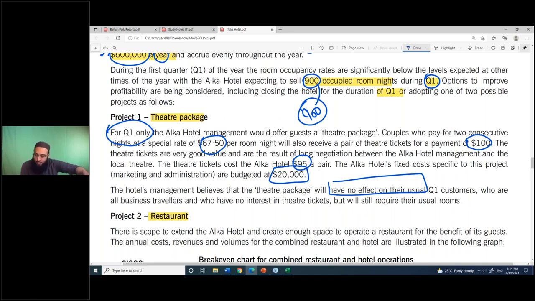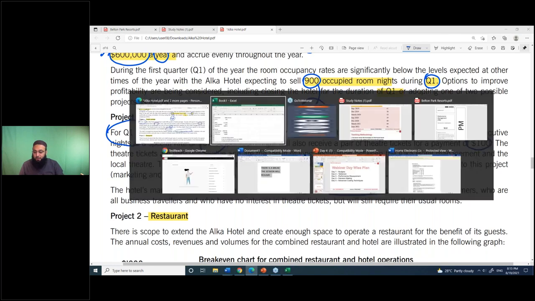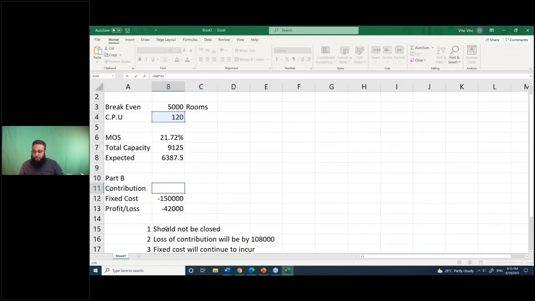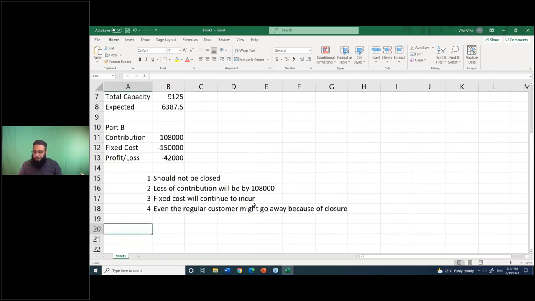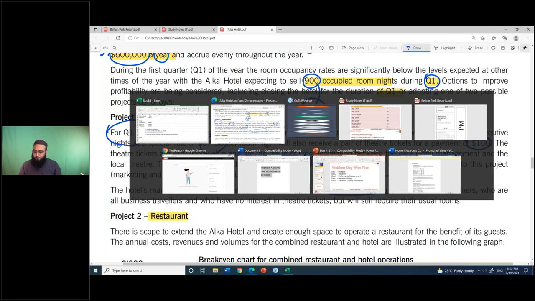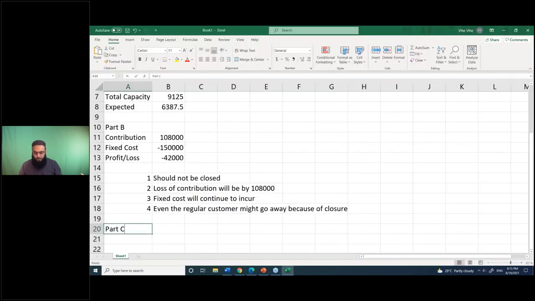So what I need to work out is break-even in terms of sales revenue, and then I have to explain whether we should go for this project or not. Let's come to the spreadsheet again. It's part B, project 1.